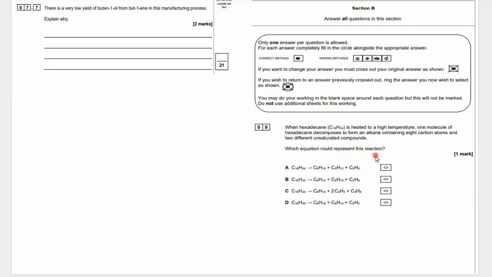So let's go through and check them all out. Okay, let's look at this first one here. So we're told that we should get an alkane formed. Well, we have an alkane there, C5H12. How do I know it's an alkane? Remember that for alkanes, CnH2n plus 2.